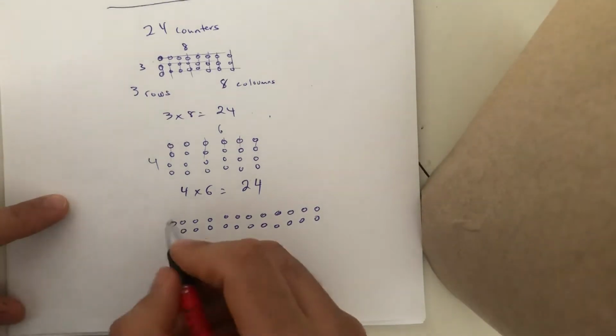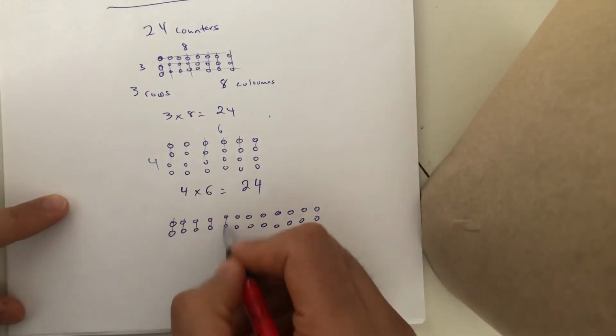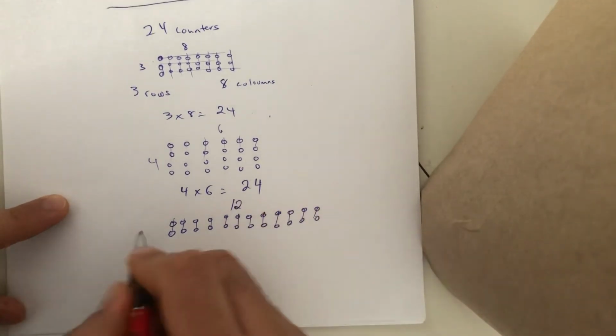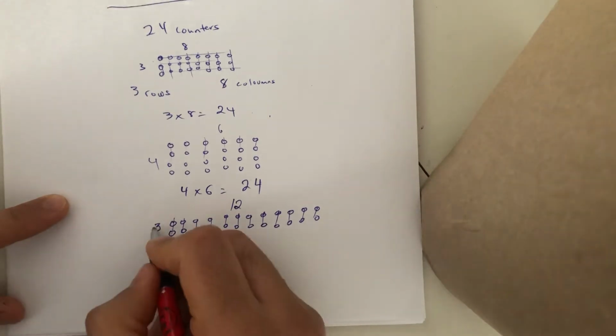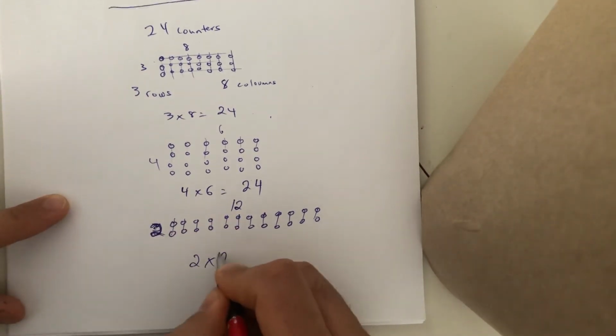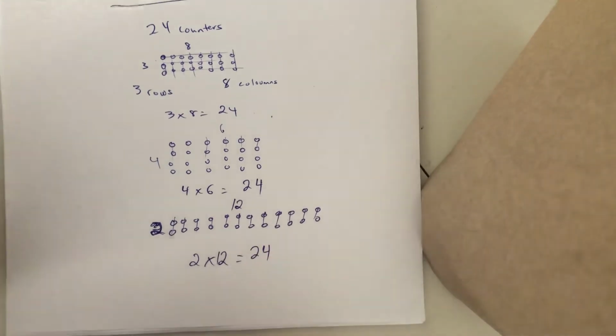Let's see how many columns we got now. 1, 2, 3, up to 12. So we got 12 in the column. We got 2 rows. So 2 times 12 equals 24.